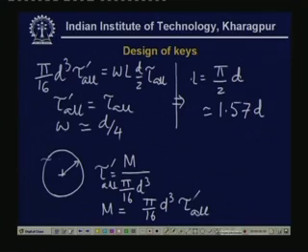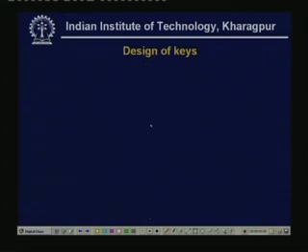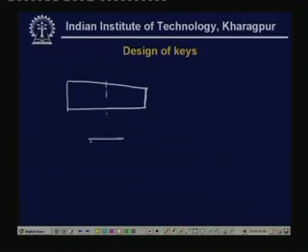What we see here, let us check the design for the taper keys. Now what we have there is this taper key, and if you have this cross section, then it is the cross section. So once it is fixed, then we have a few forces.